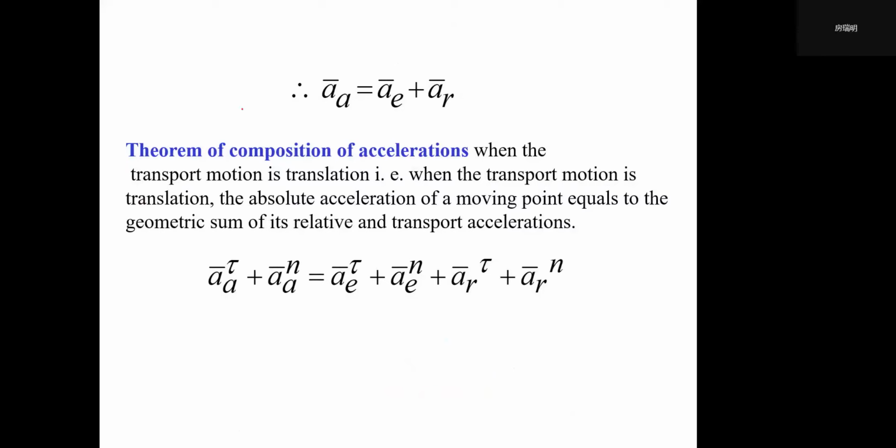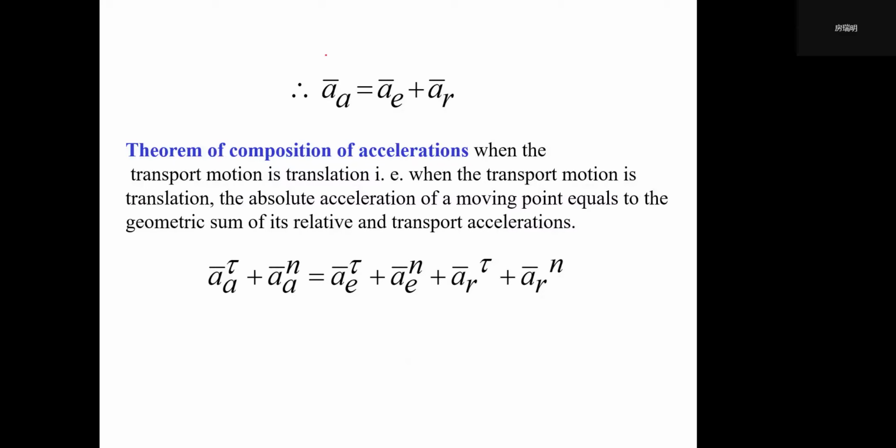So last time we finished and stopped at this page. We talked about the theorem of composition of accelerations. It's more like what we have learned and used, the theorem of composition of velocities. Do you guys still remember that?